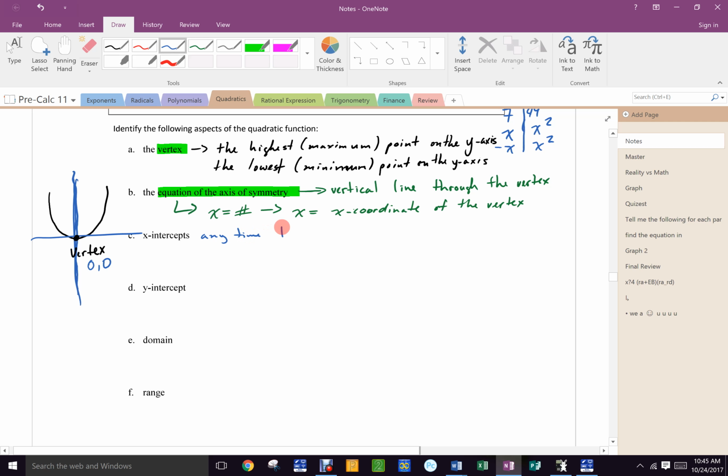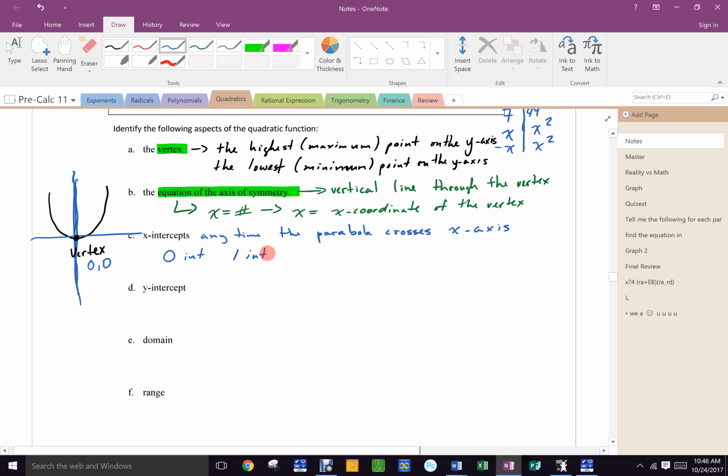Anytime the parabola crosses the x-axis. How many options are there? Can it cross no times at all? Yeah, you can have 0 intercepts. Can it cross once? Yeah, because it can bounce off. You can have 1 intercept.